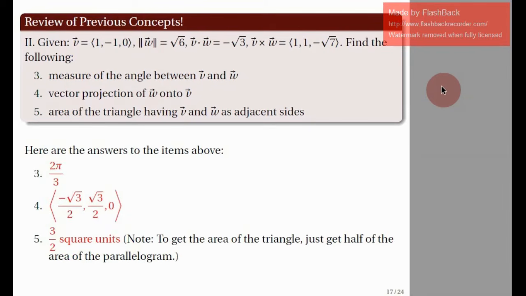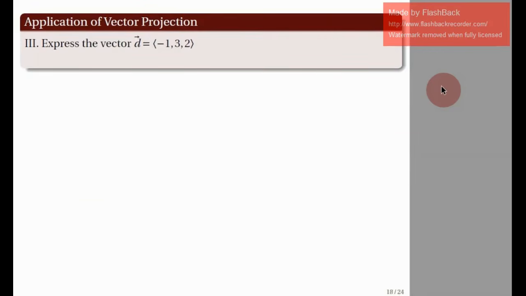Alright, so we're done with the second exercise and we go to the third one. Here, we are given a vector d with these components, and our goal is to express it as a sum of two other vectors, say vector e and vector f, satisfying certain properties.